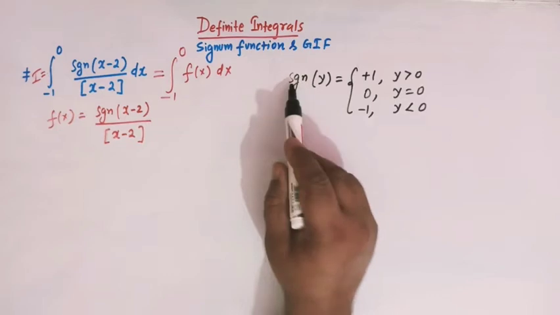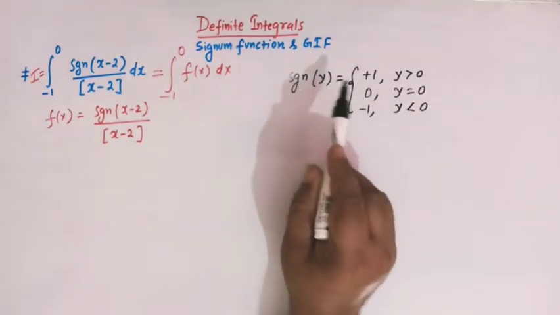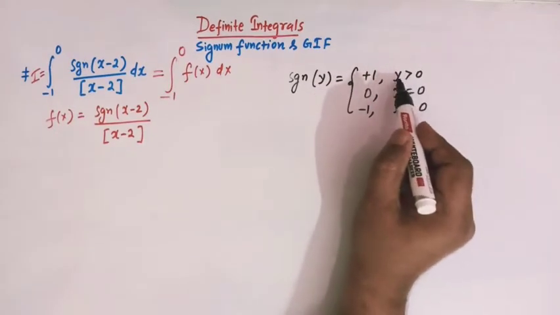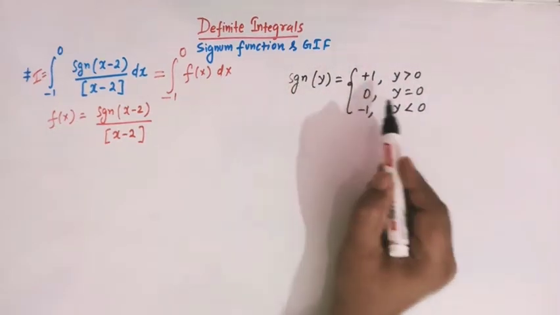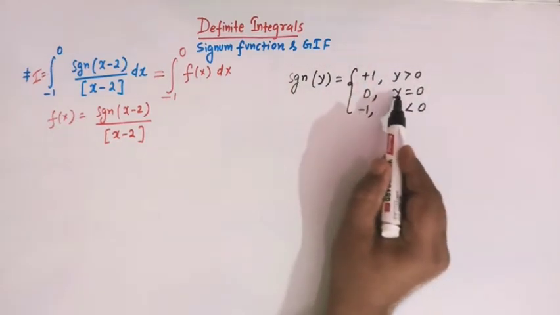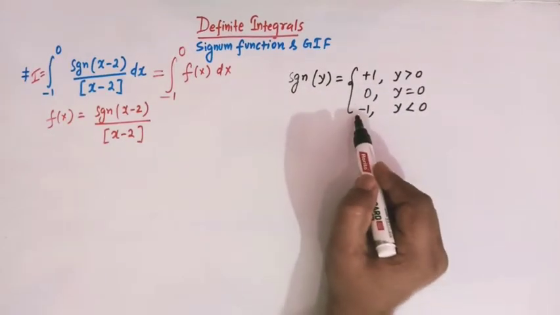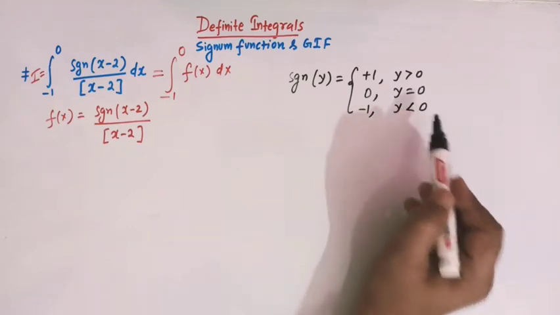So signum of y takes +1 value for all y greater than 0, 0 when y is 0, and -1 when y is less than 0.